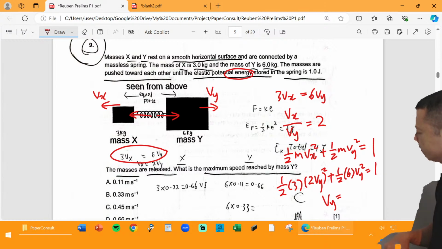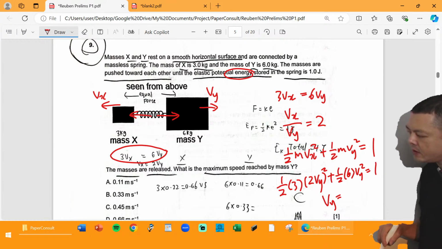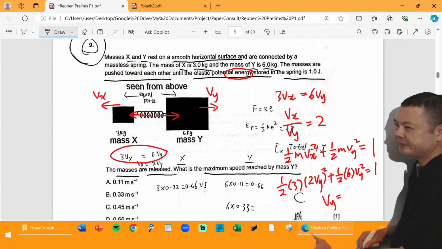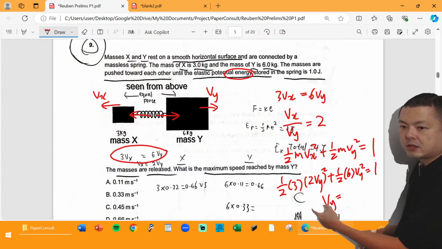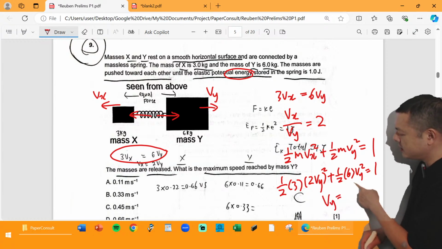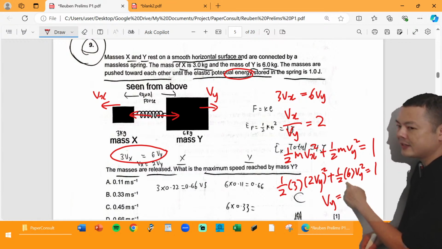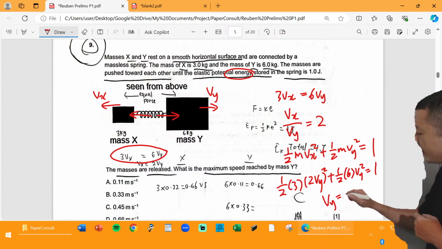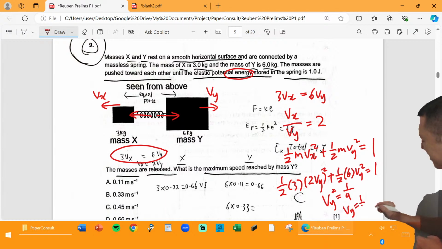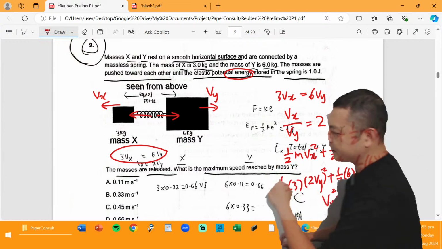So 3 over 2 times 4, what's that? 12 over 2, 6. 6 Vy squared plus 3 Vy squared. Oh, looks like a nice number now. So 9 Vy squared, so Vy squared is 1 over 9, and therefore Vy is 1 over 3, which is 0.33 meters per second.